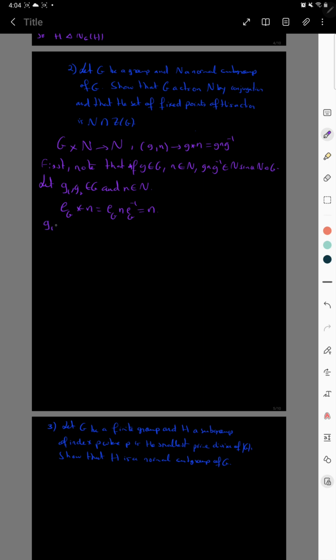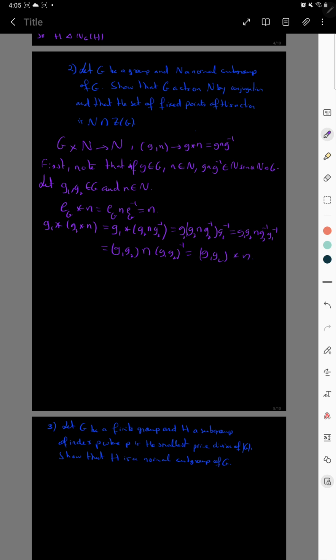That's the first property. And what is g1 ⋆ (g2 ⋆ n)? This is just g1 ⋆ (g2 n g2⁻¹), which is g1 g2 n g2⁻¹ g1⁻¹, which is equal to (g1 g2) n (g1 g2)⁻¹, which is just (g1 g2) ⋆ n.